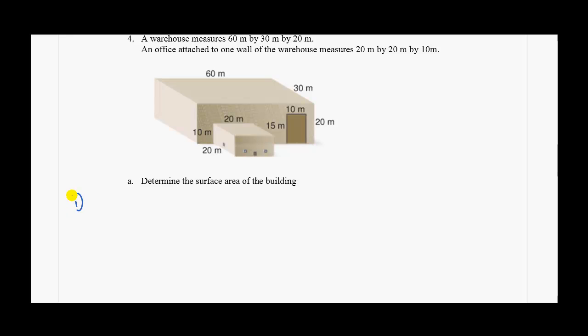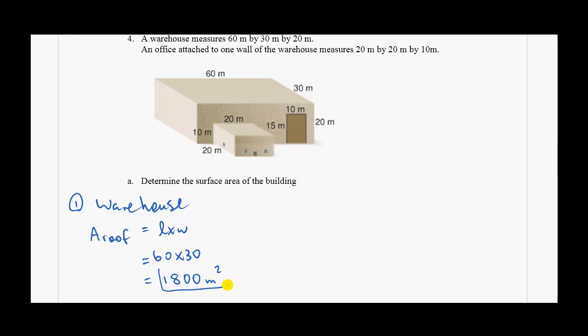Let's start with the warehouse. The area of the roof, length times width, 60 by 30, 800 square meters.